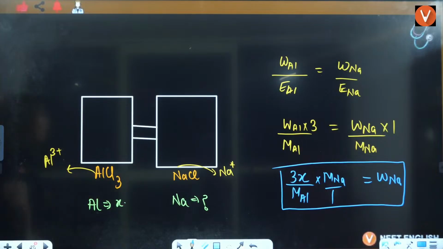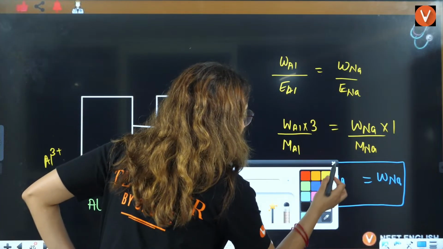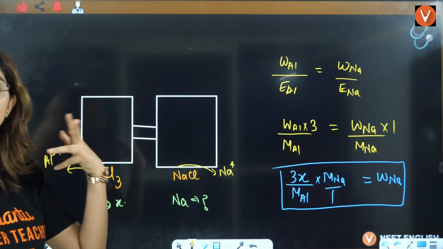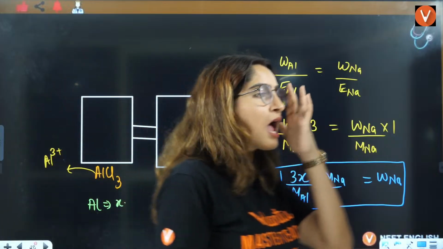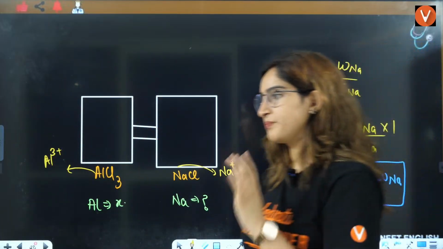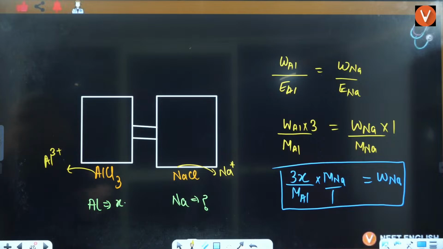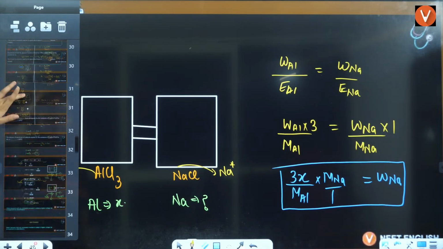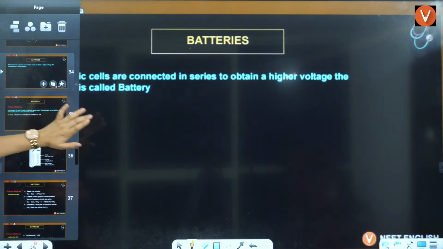That's how you apply the second law. Just equate these two things if they have said that they are connected in series, and automatically you will have your answer. Right, students? Okay, let's get on to batteries.